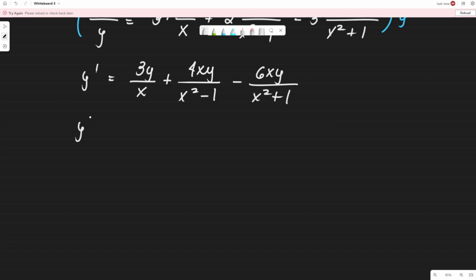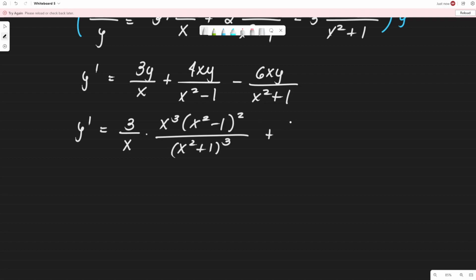So we'll have y prime is equal to, what's the value of y again? 3 over x times x cubed, x squared minus 1 squared over x squared plus 1 cubed.